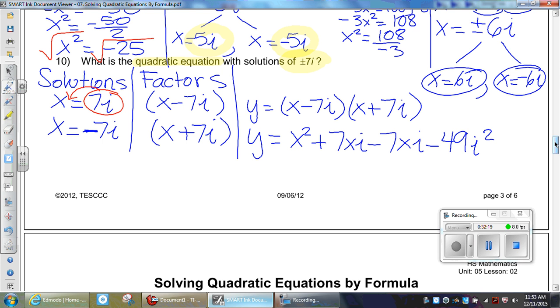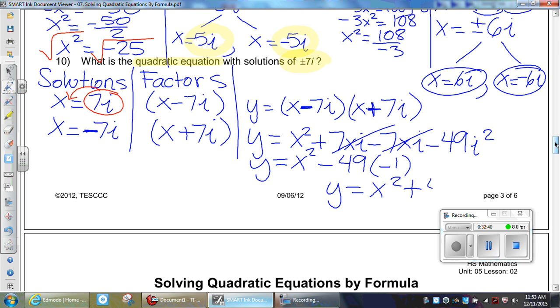Why is it minus? Because I'm multiplying negative 7 and positive 7. So negative 49i squared. Here I combine like terms, so the two in the middle, they cancel out because they're opposites. And here I have negative 49, and what did I tell you to substitute i squared with? Negative 1. So the final solution will be x squared plus 49.